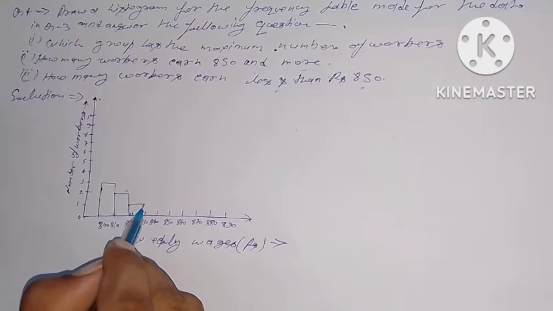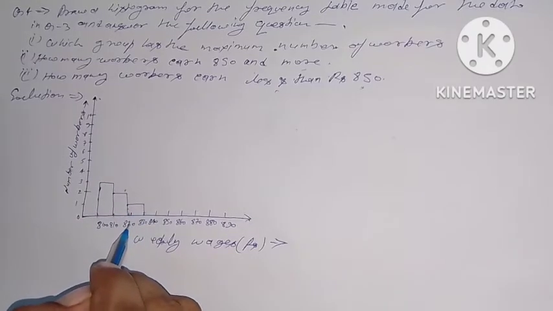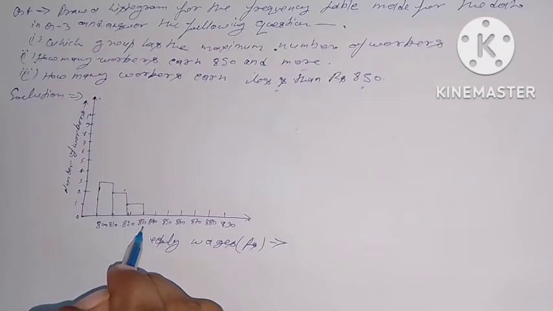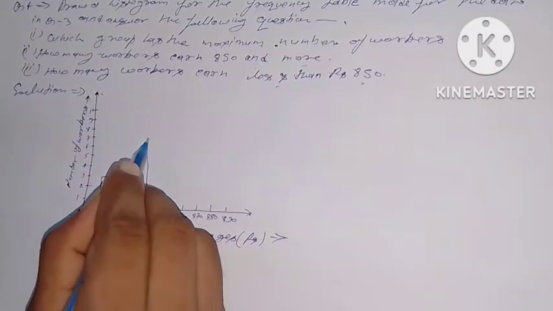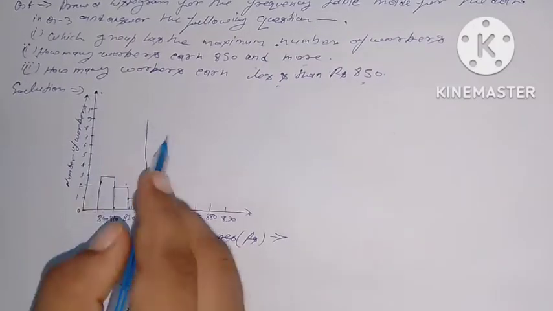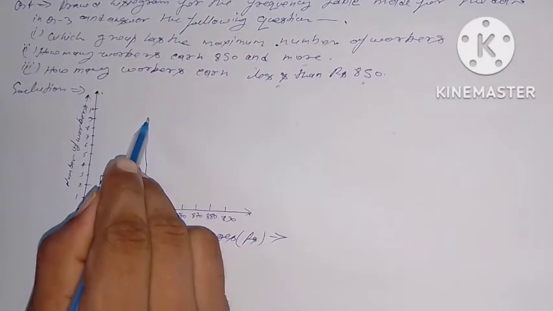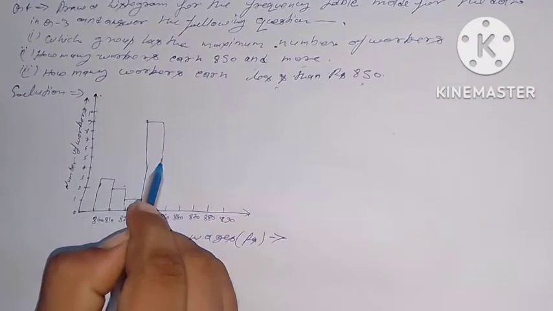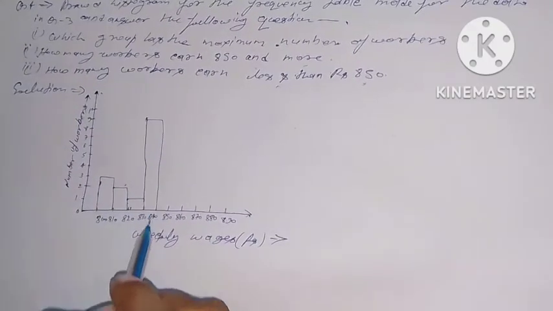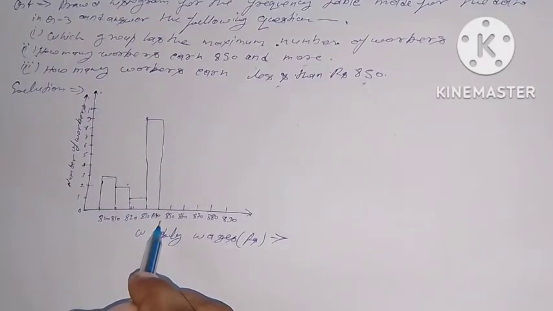And 830 to 840: 9 workers. Then the graph goes up to 9. Nine laborers earn rupees between 830 to 840.